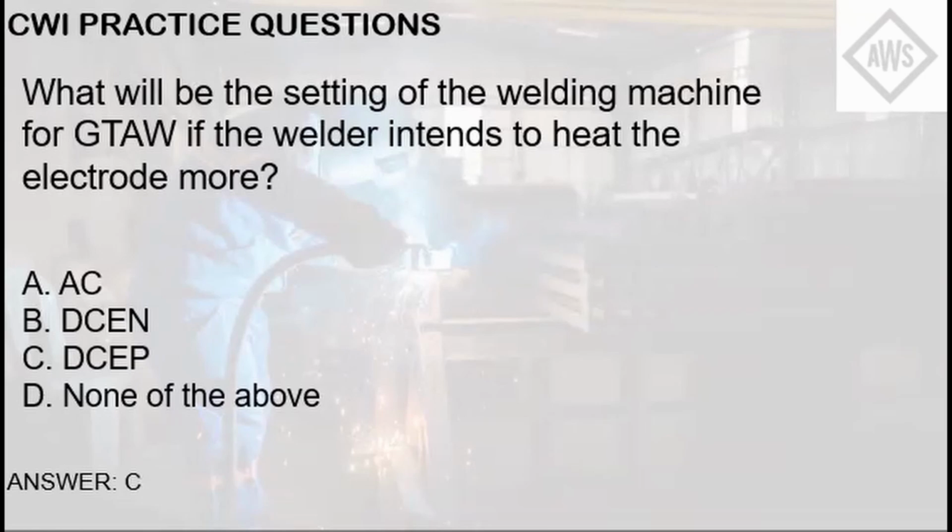They might say it as straight polarity or reverse polarity. I might have mixed it up, but you can basically search it up if you want to confirm the equivalency of DCEN, whether it is straight polarity or reverse polarity. So you can do your due diligence as well.